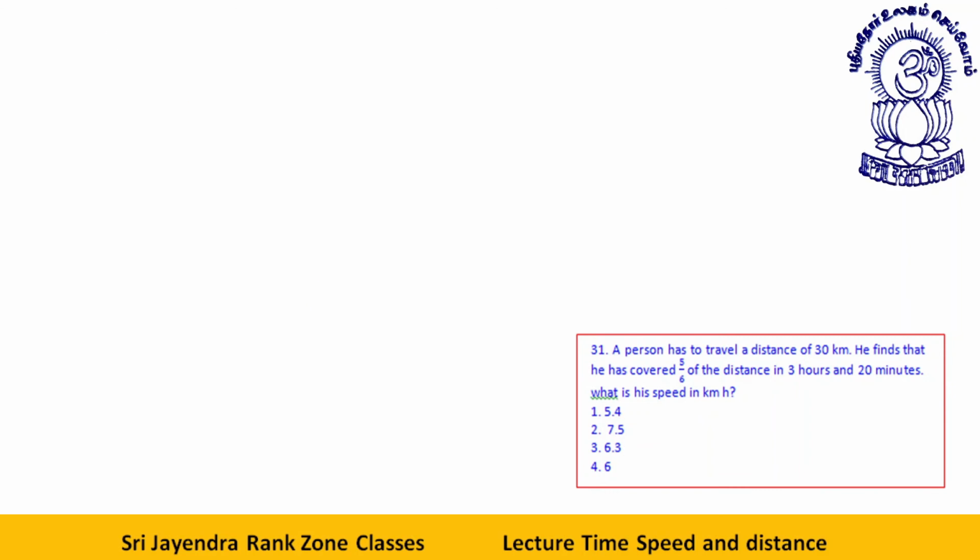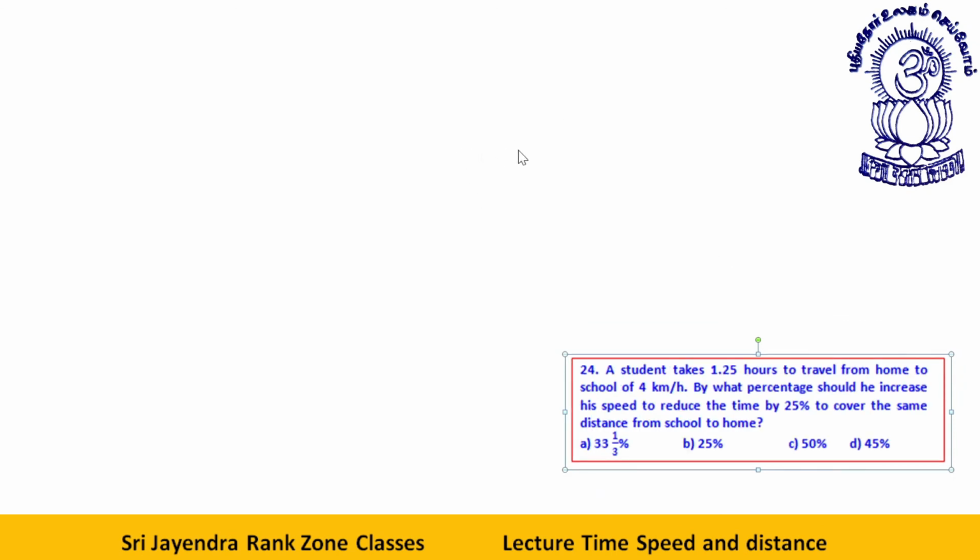Next one. A student takes 1.25 hours to travel from home to school at 4 per hour.